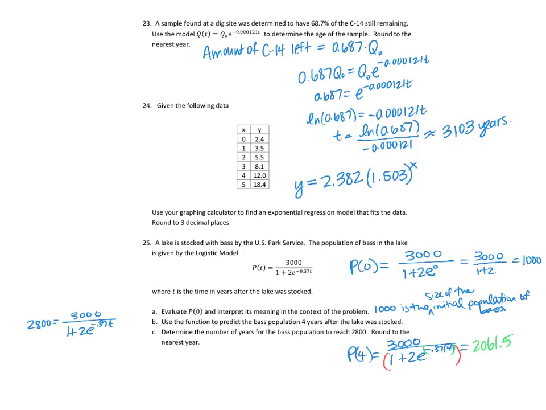So I'm just going to multiply this over to the other side. So that's going to give me 2,800 times 1 plus 2e to the negative 0.37t equals 3,000. Then I can distribute that into those two.